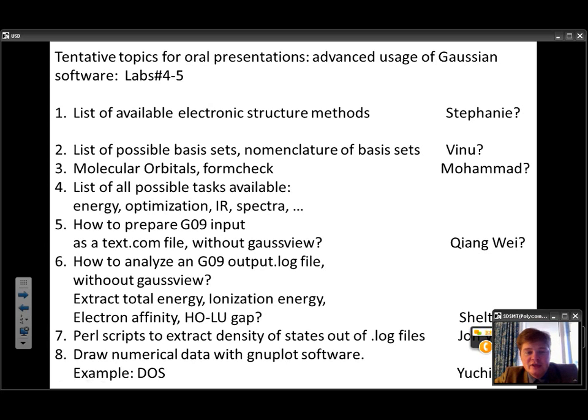So it is how to prepare Gaussian input and how to analyze Gaussian output, right? You have practiced it. And we are definitely, I promise, going to cover subject number 3 of how to do molecular orbitals with Gaussian and GaussView software.